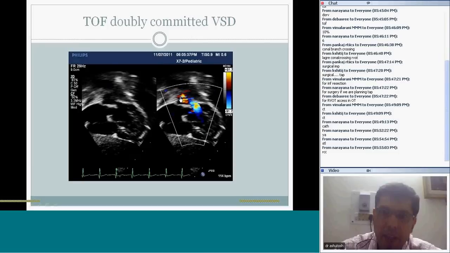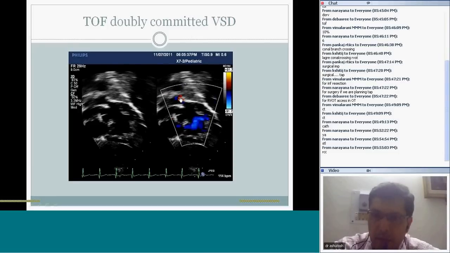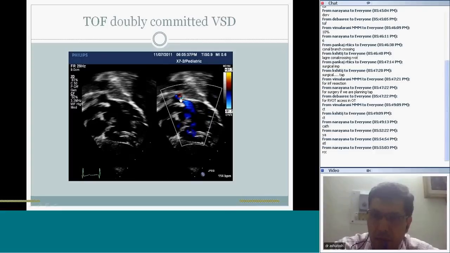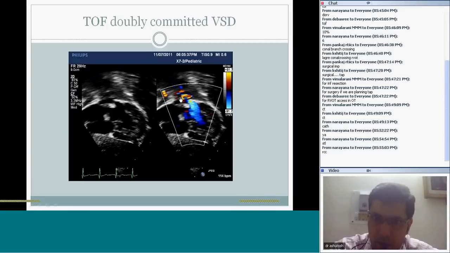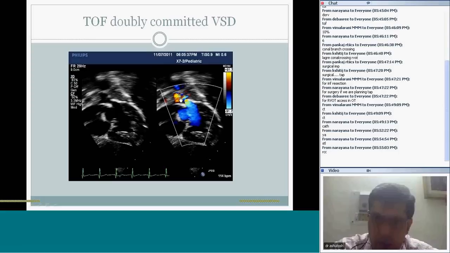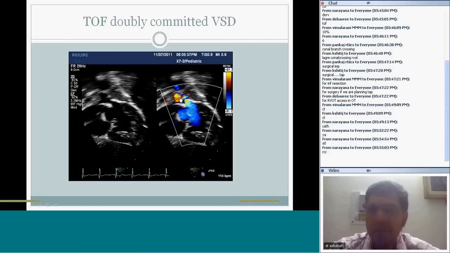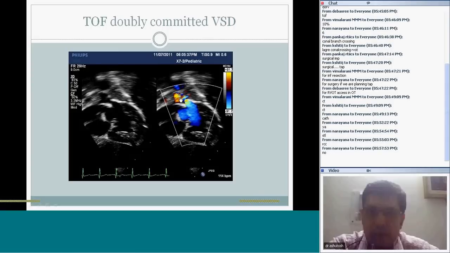And there is a tiny PDA or a collateral coming inside there. So any questions so far on these two types of VSD?